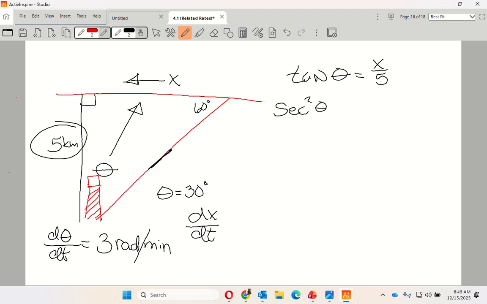D theta dt? Because I'm taking the derivative in terms of time now, right? Equals. So it's basically take the derivative 1/5 x. Or I get 1/5 dx dt.